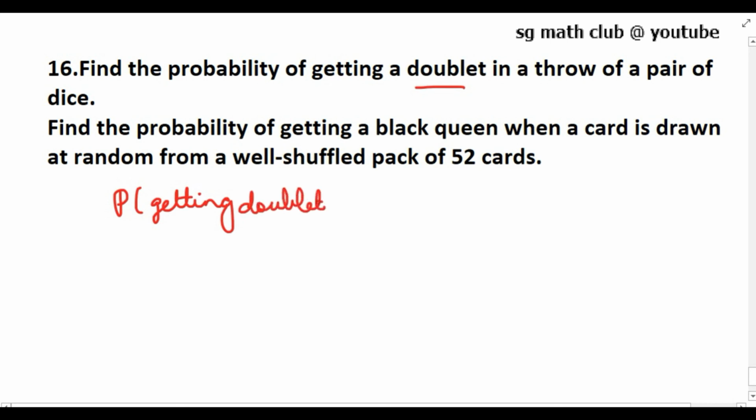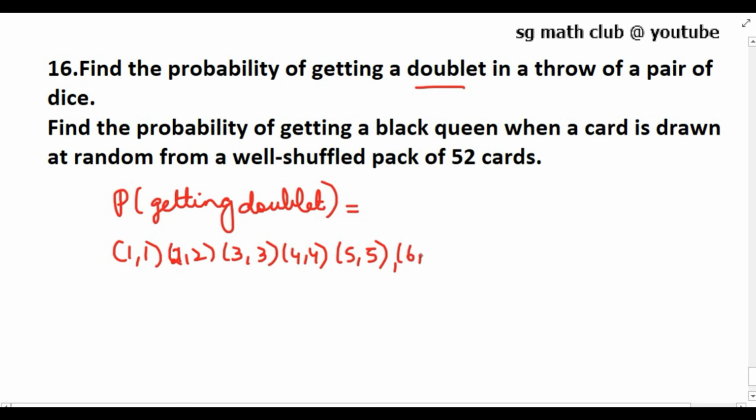So the probability of getting doublet means same numbers like 1 1, 2 2, 3 3, 4 4, 5 5, 6 6. So number of favorable outcome is 6 and total possible outcome is 36. So the answer is 6 by 36, or you can write 1 by 6.